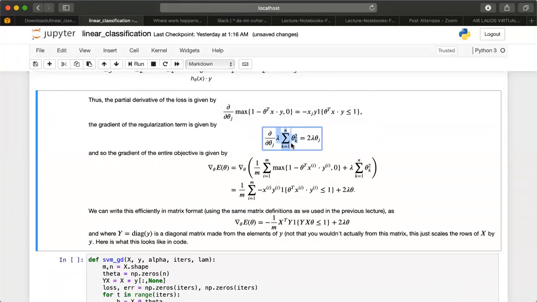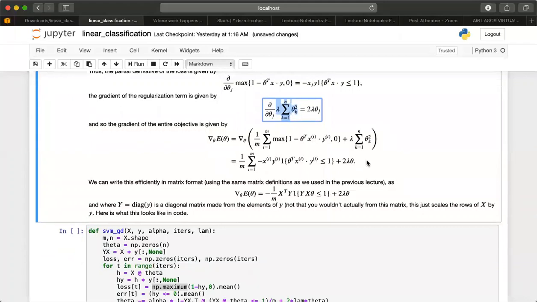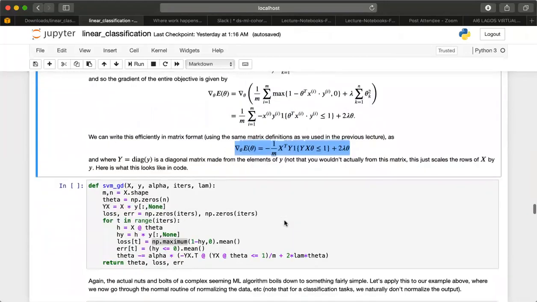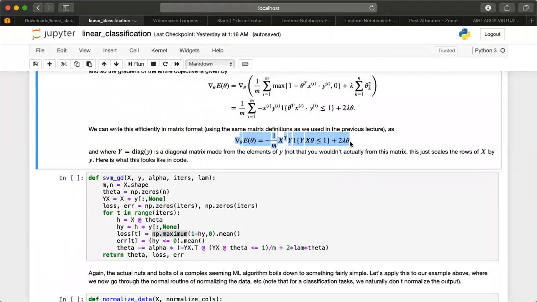And what we have at the end of the whole mathematics here is this. So that you can rewrite it in this format. The reason why we are rewriting it in this format is because we want to look at it as matrices, right? So that's why we have the capital letter X transpose of Y, and 1 and all this. And just the same way we did training in the previous lecture, it's the same thing we are going to do here.